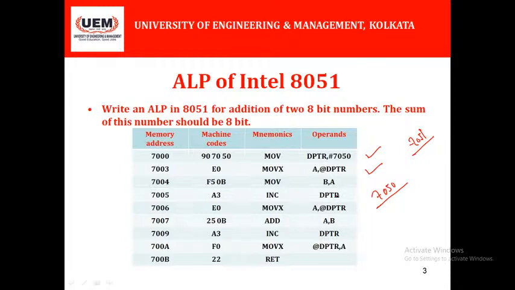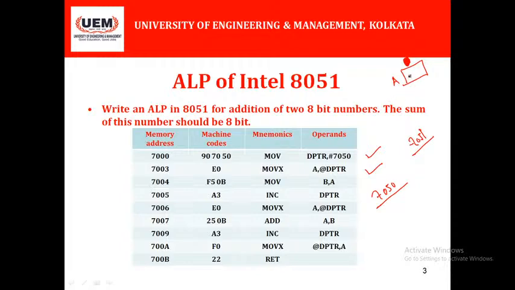With the help of MOV B, A, we are transmitting the value of the A register, A for accumulator, to the B register.